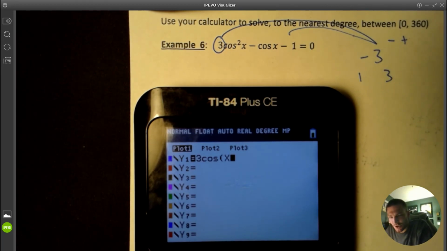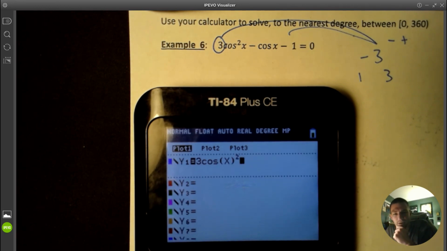I'm going to have to close the parentheses and then put a squared. Okay, that will work. Now, if I do it like this, totally different, we're doomed. 3 cosine x parentheses squared minus cosine x minus 1.